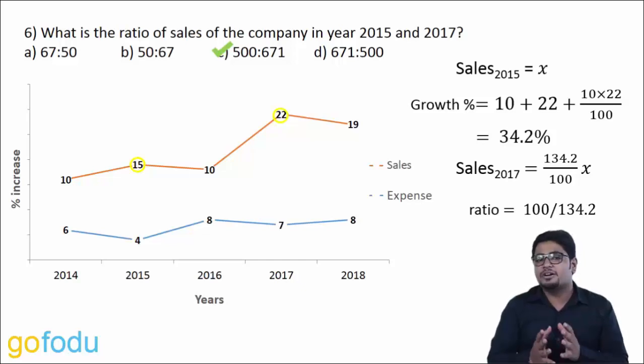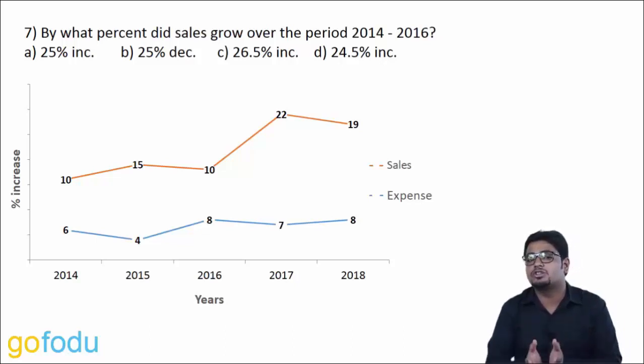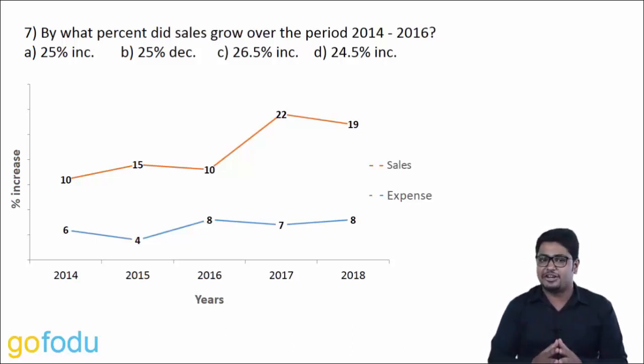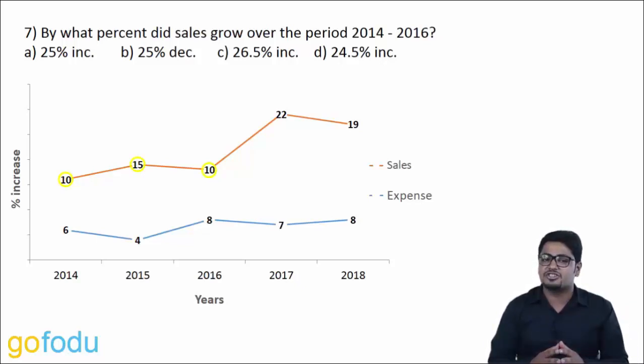These concepts of percentages are covered in quants. Let's look at the last question for this set. By what percent did sales grow over the period 2014 to 2016? Pretty much the same as the last question. We will use the formula for successive percentage change here as well.